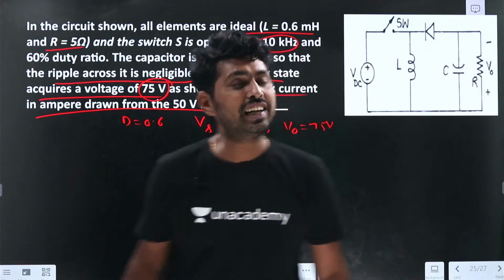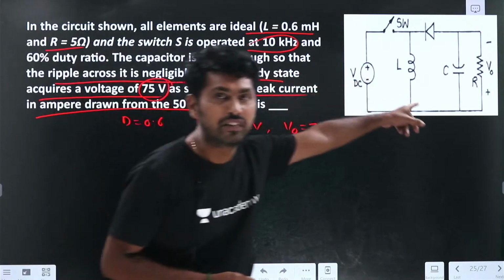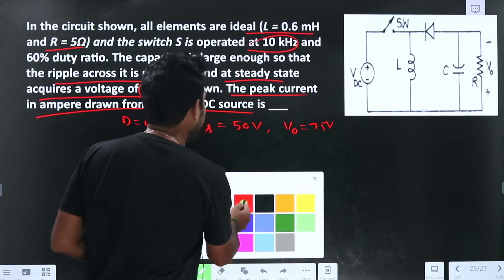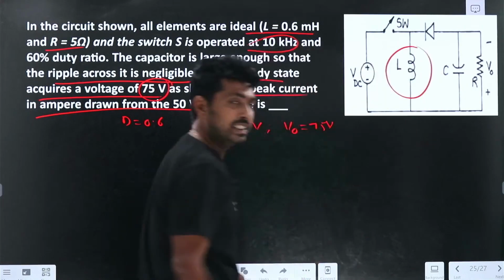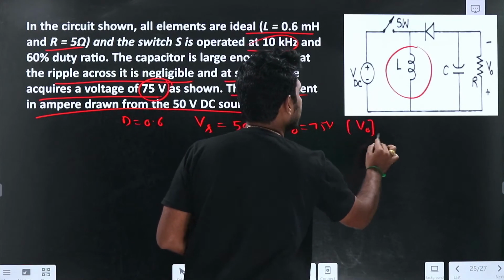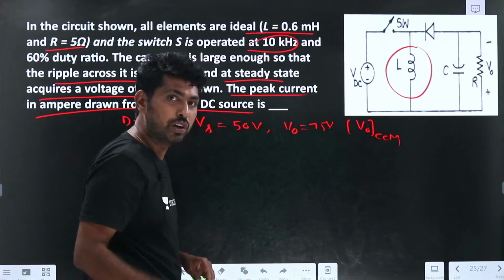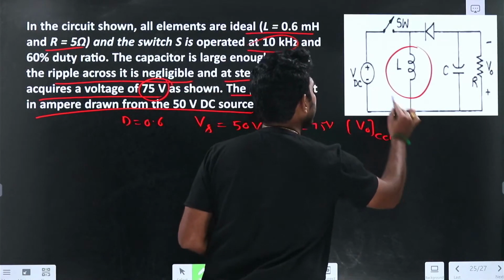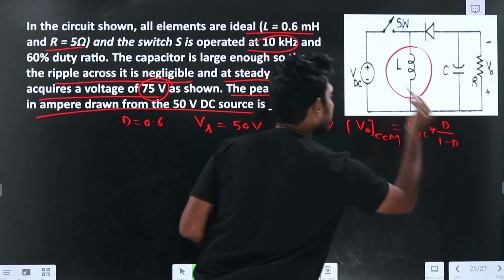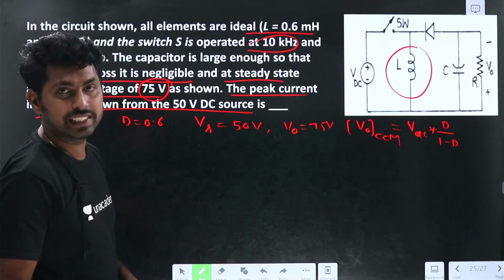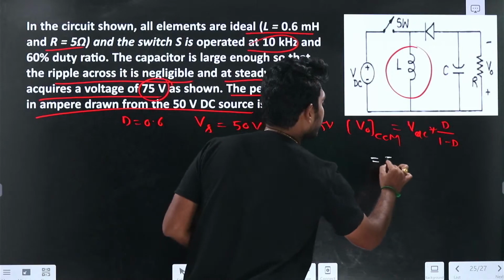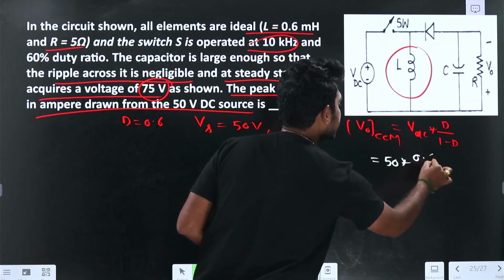So how are we saying that? Here it is the buck-boost converter, because the inductance is common to both source and load. By observing the circuit itself, I can tell that it is a buck-boost converter. What is the gain of the buck-boost converter in continuous conduction mode? V0 equals Vs, the input voltage, times D by 1 minus D. Here D is 0.6 and Vs is 50 volts, so 50 times 0.6 divided by 0.4.